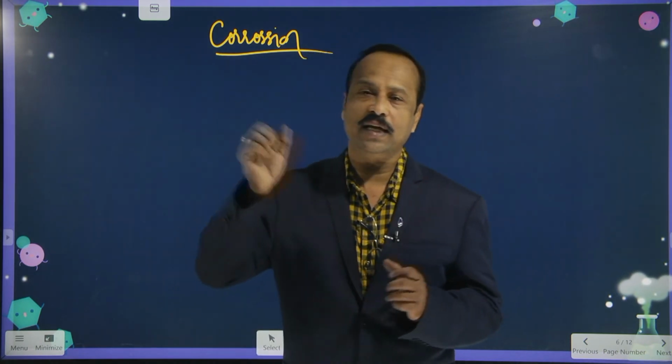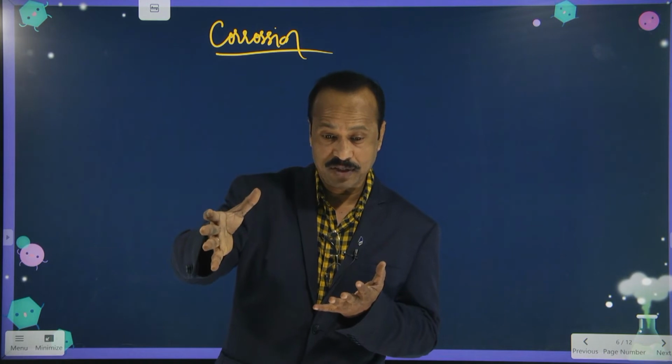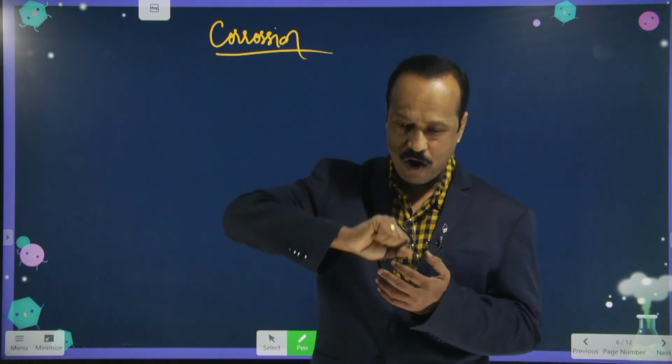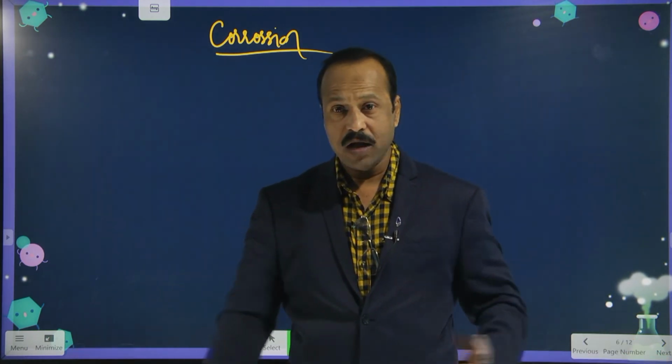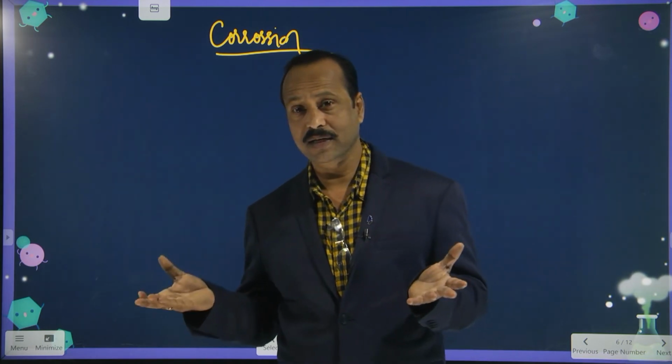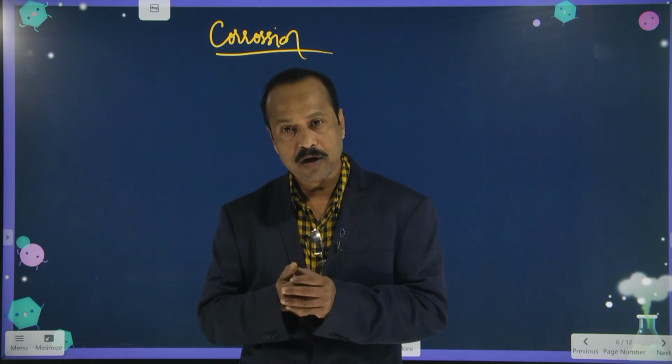Now, if we take that pure metal we purchased and keep it somewhere, what happens? Its nature is to react with other elements, to make friendship with other elements. So it will make friendship with oxygen in the presence of moisture and form rust. Copper also can combine with carbon dioxide and form copper carbonate.